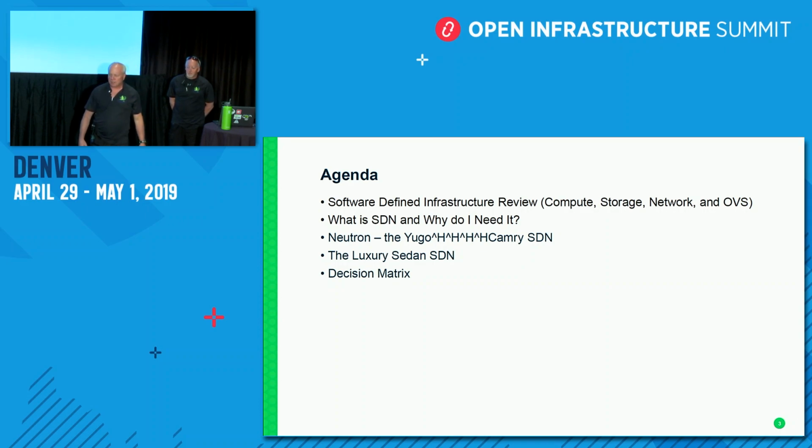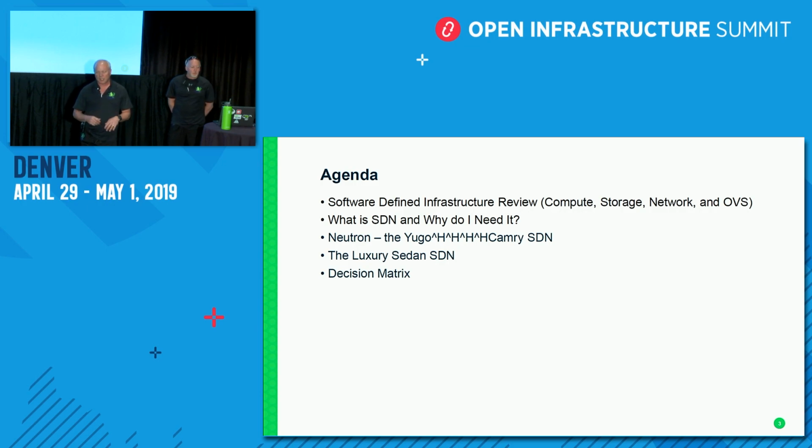So this is our agenda. We're going to define what software-defined infrastructure is around compute, storage, network, and Open vSwitch. We're also going to talk about what an SDN is and why I would need one. The next thing is we're going to talk about Neutron, and I'll switch topics back to Mark when we start talking about Neutron.